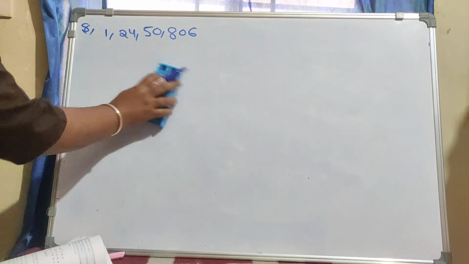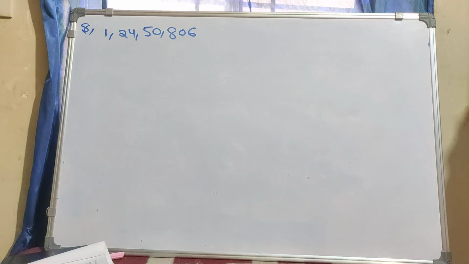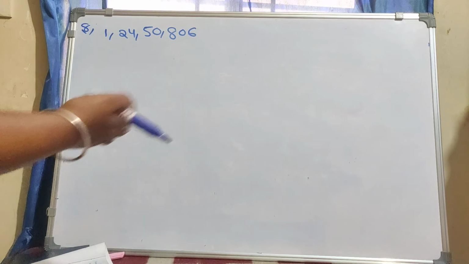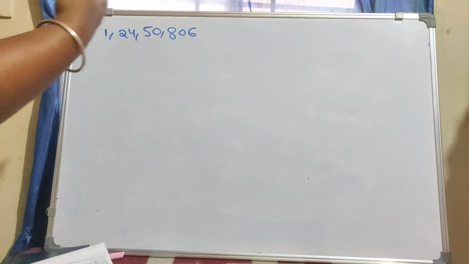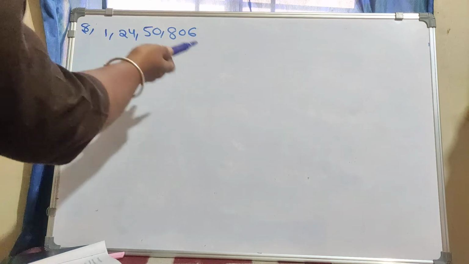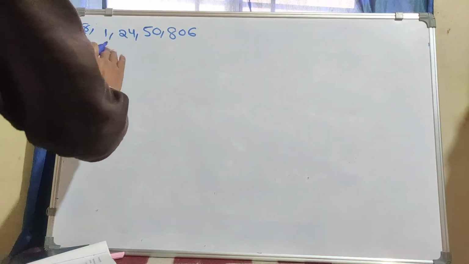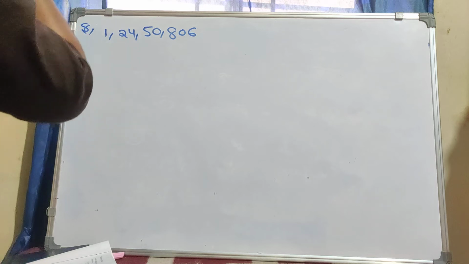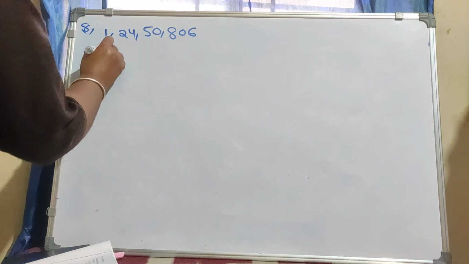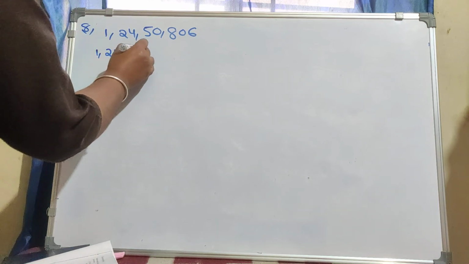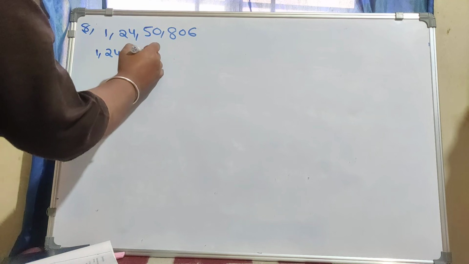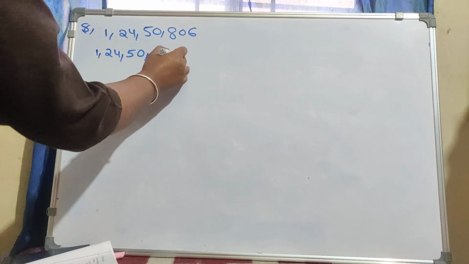So now the question is asking for 3 odd numbers, and that too preceding, not the successor. Preceding is nothing but the backside, the numbers before. So now the given number is 1,24,50,806.